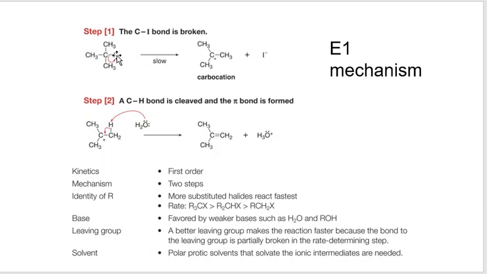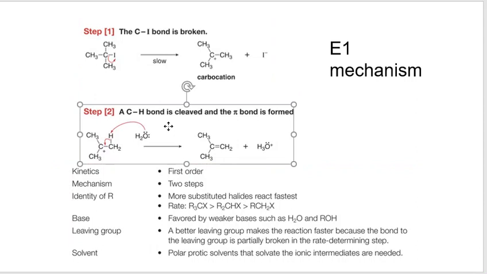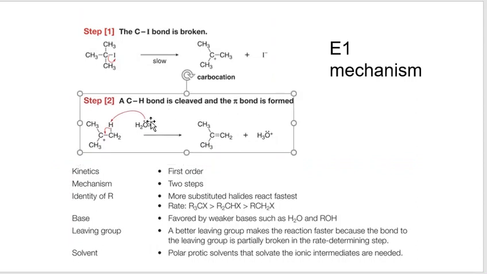And so in the first step, that iodine leaves, in this example, giving you the carbocation intermediate. Instead of having a nucleophile come along in the second step, the base removes a proton from the beta position, and you are left with your alkene in the end.